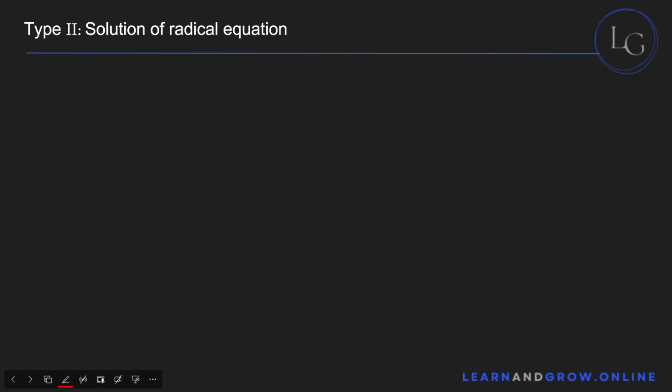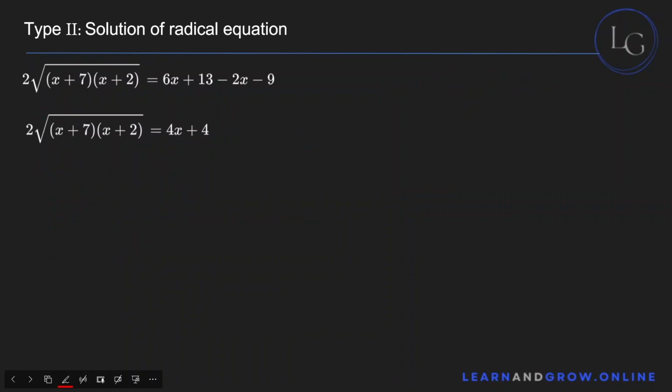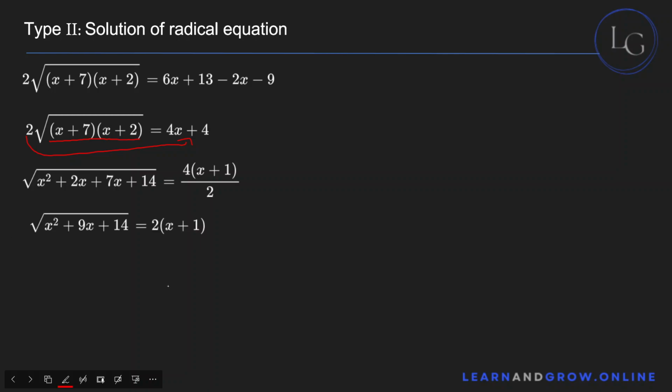Now, you'll do all the calculations, and basically you'll get this equation. After that, you'll take this 2 in the denominator over here, and you'll get this equation here. Now, you'll basically do the multiplication over here, and then you get this equation.